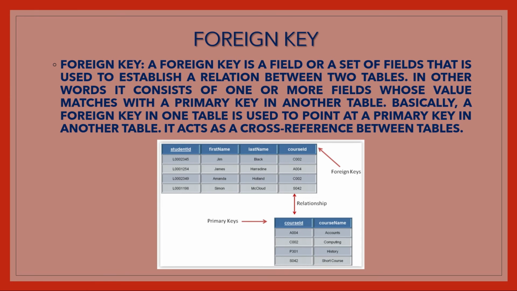So in this way a cross referencing has been done between two tables. That is actually the foreign key, and that's what provides the security. Accidental deletion will not be possible, and sudden insertion also will not be possible. That is what the foreign key says.